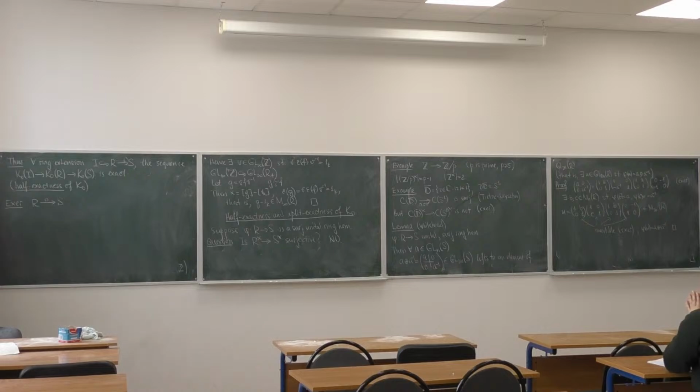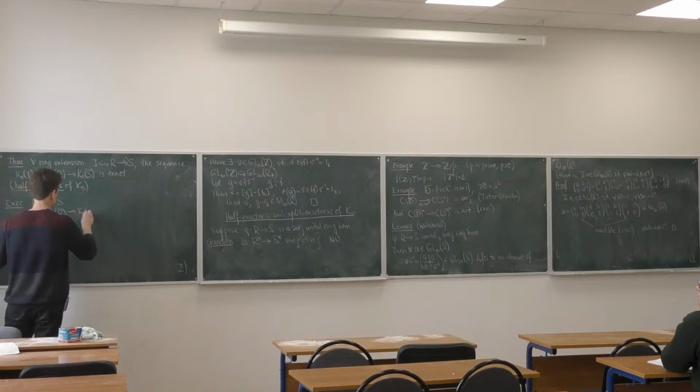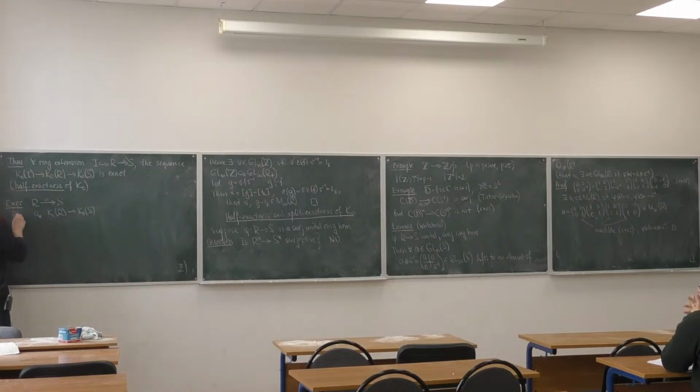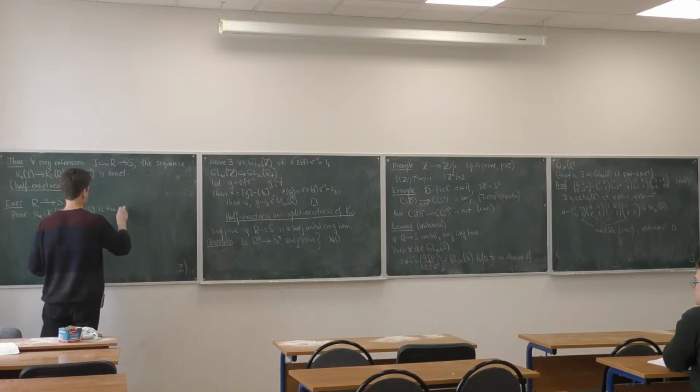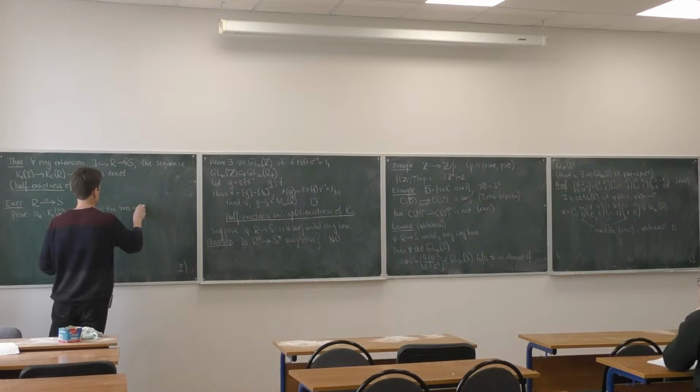In general, it is not unital, but it is a ring homomorphism, and K0 is a functor on the category of all rings, so it induces a map 0 star from K0 of R to K0 of S. What is this map? The exercise is to prove that this is what we can expect here, and this is a zero map between these two abelian groups.